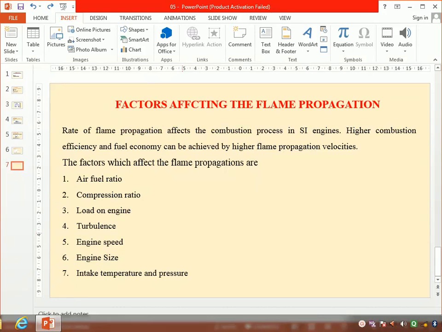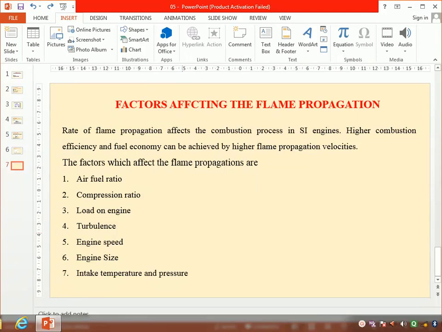At the same time, a too rich mixture is also not desirable, because it results in incomplete combustion, and it may cool or quench the flame during the process. So a slightly rich mixture is desirable for higher flame speed.